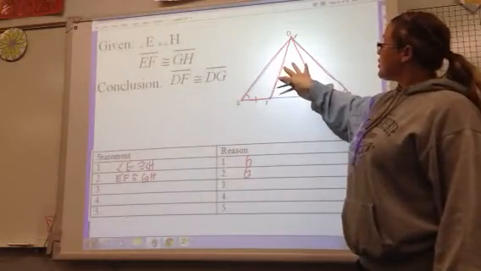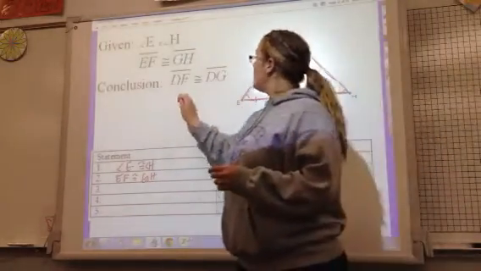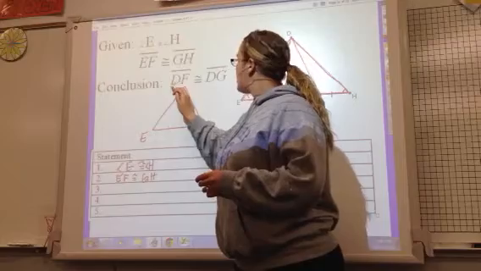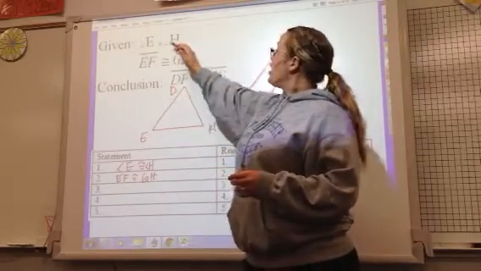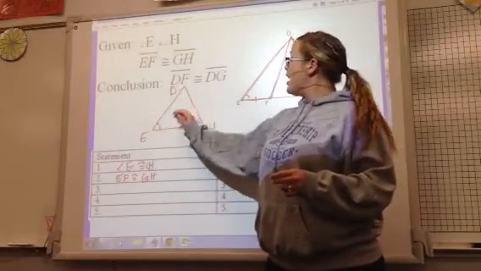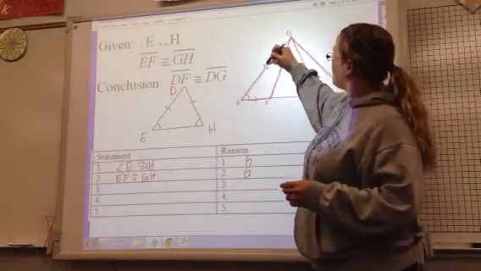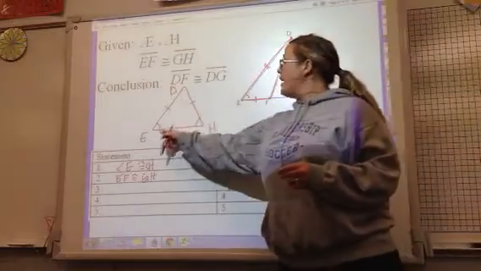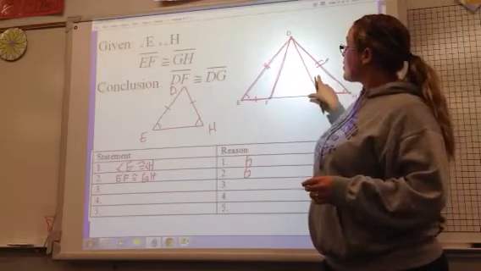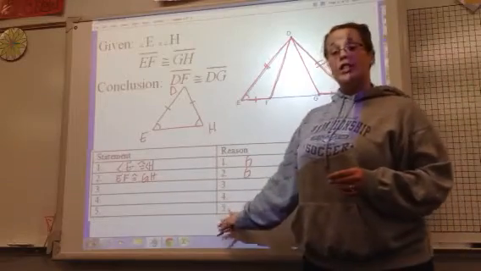If I take away all the other stuff and just look at that one big triangle, triangle EDH, I know angle E is congruent to angle H. And if angle E is congruent to angle H, then ED has to be congruent to DH. Congruent angles implies I have congruent sides. And if these sides are congruent, then my triangles are congruent by side, angle, side. So now I just have to put it all into my proof.